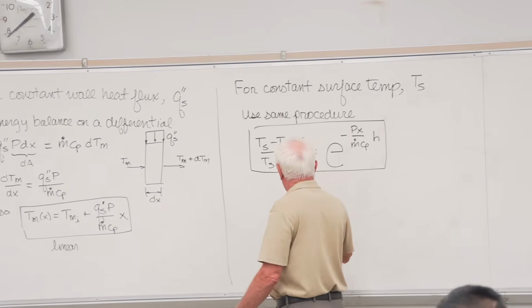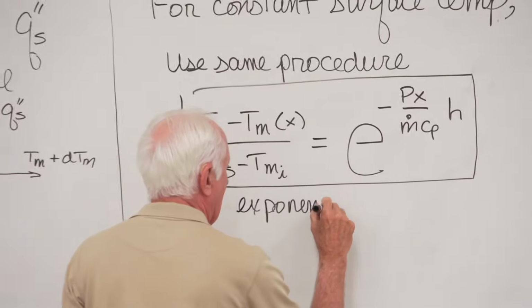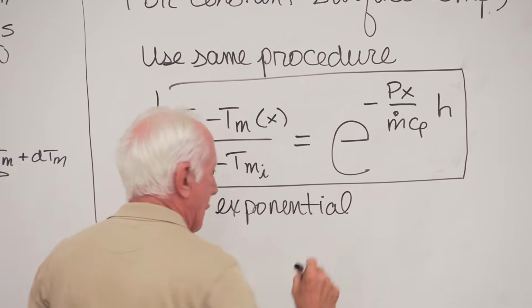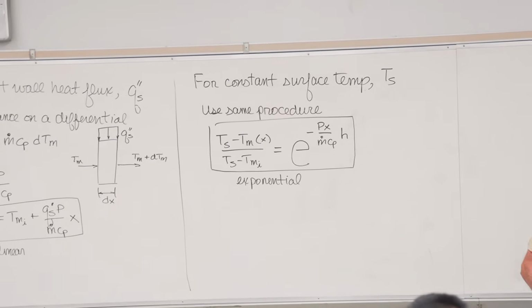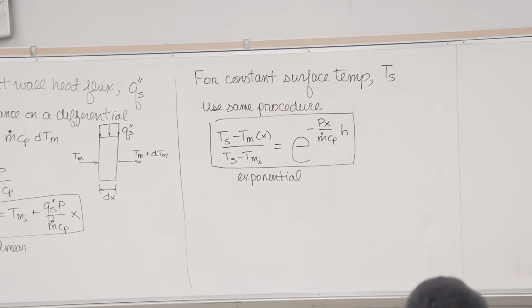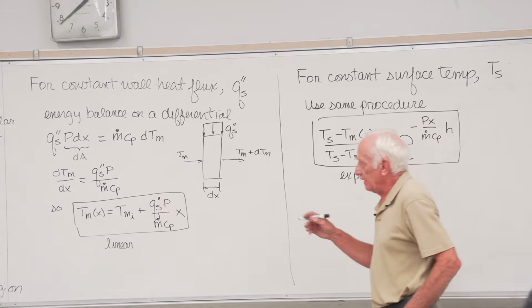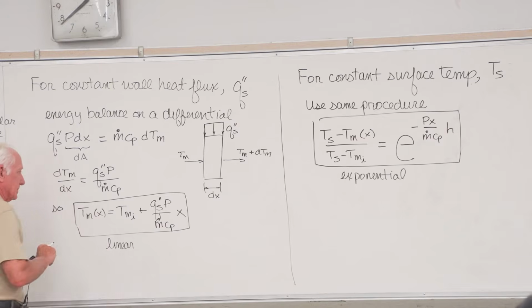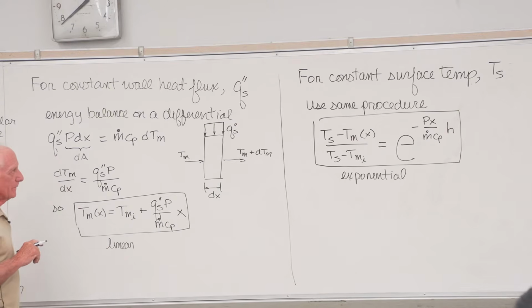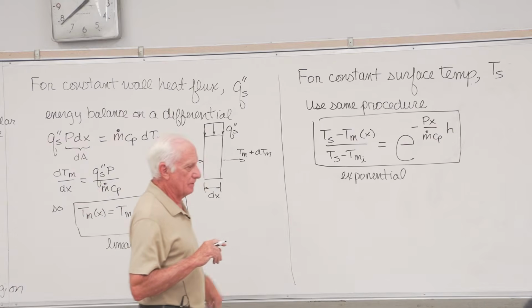So, this is, of course, exponential. So now we have two cases there of how the mean temperature varies with x, if it's constant wall heat flux, if it's constant surface temperature.